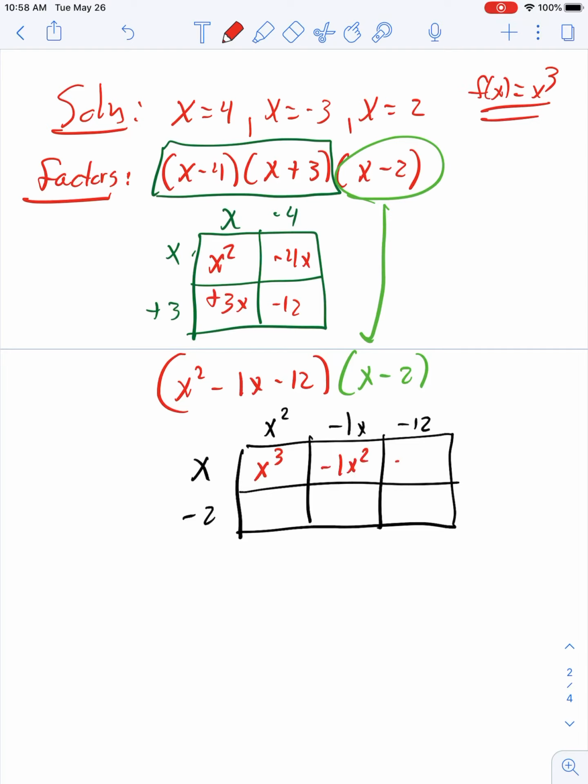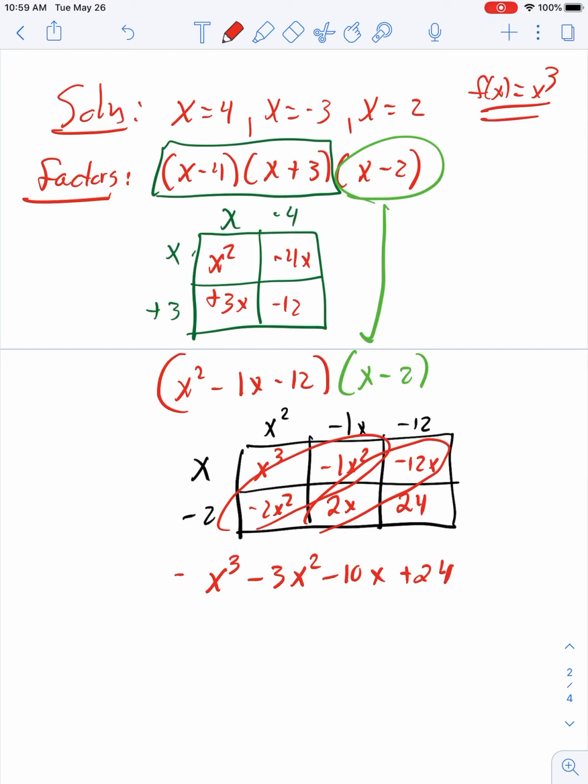And this will give me x cubed minus 1x squared minus 12x minus 2x squared plus 2x plus 24. And usually we can add the diagonals. So my answer would be x cubed minus 3x squared minus 10x plus 24.